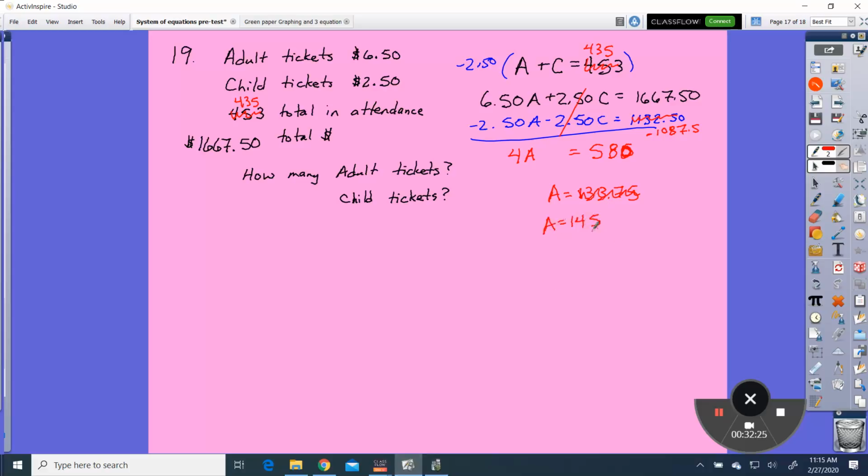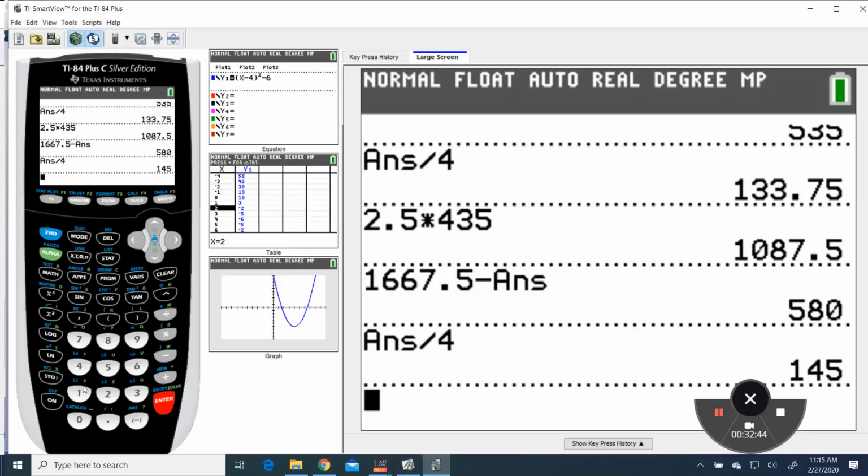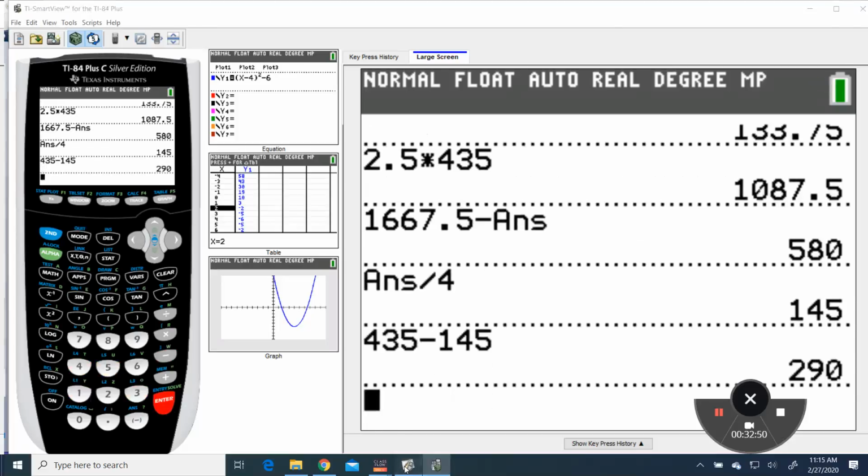We have a full adult walking in. So I now know adults plus children equals 435. I know the adults are 145. So I minus the 145 from each side. So 435 minus 145, 290.